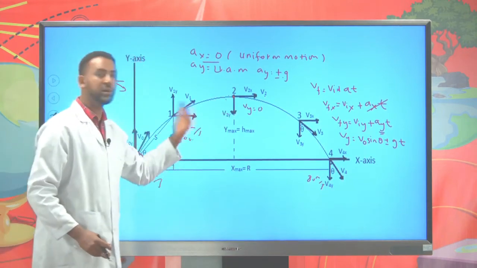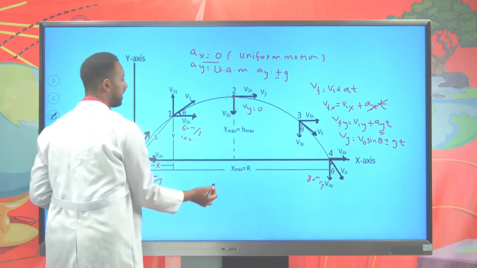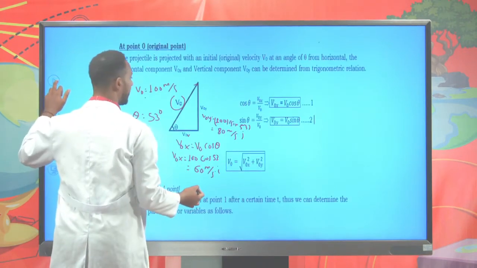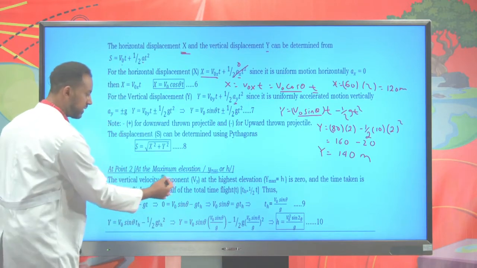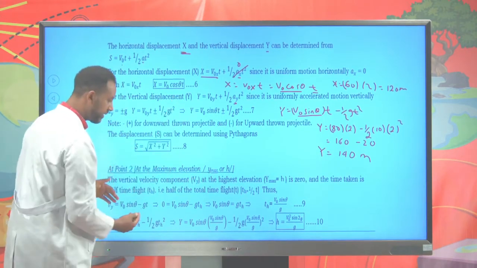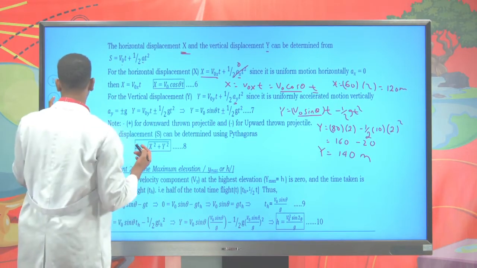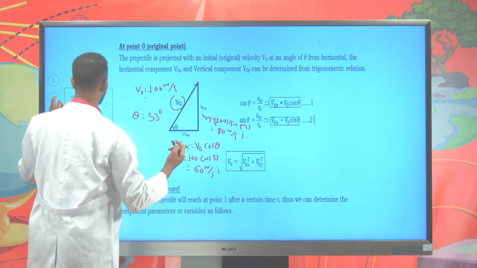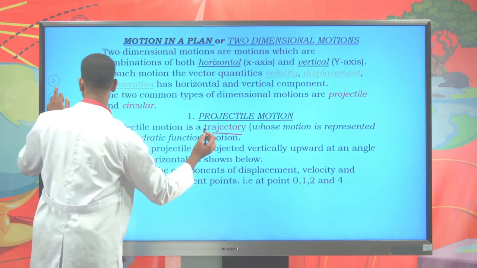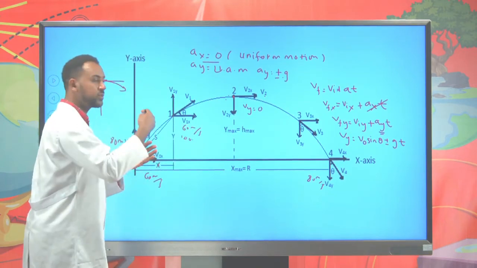And at maximum height, this is the maximum possible vertical height, it's possible to find the time interval. While the projectile reaches maximum height, meaning as it reaches here, it took half of the flight.